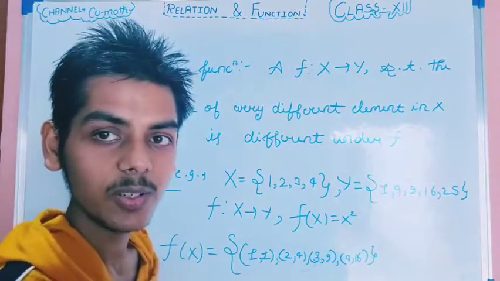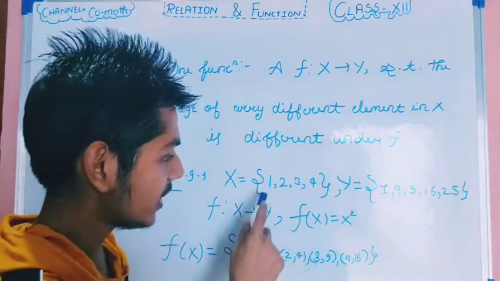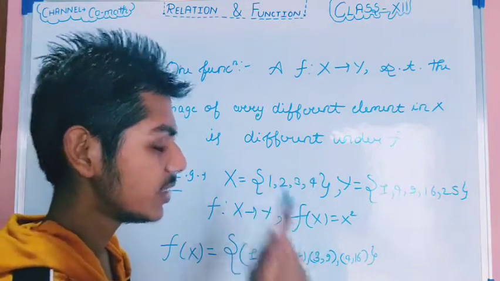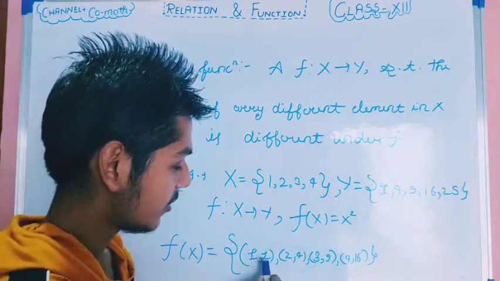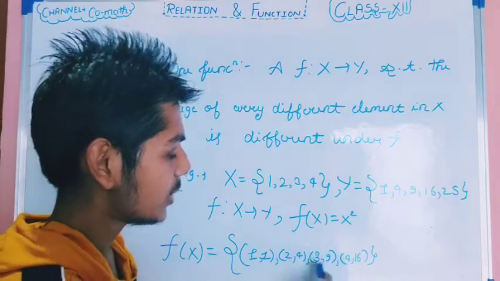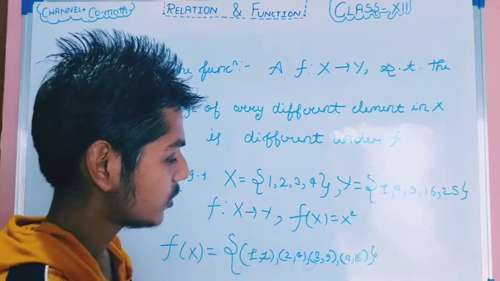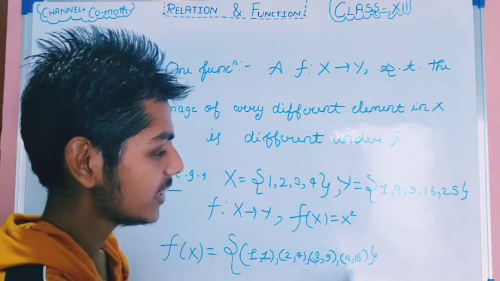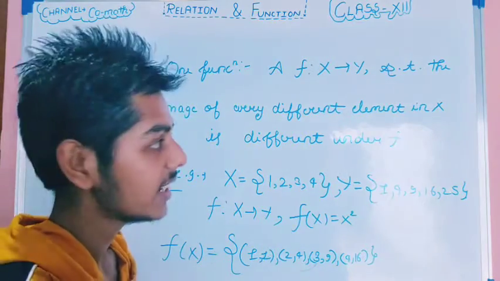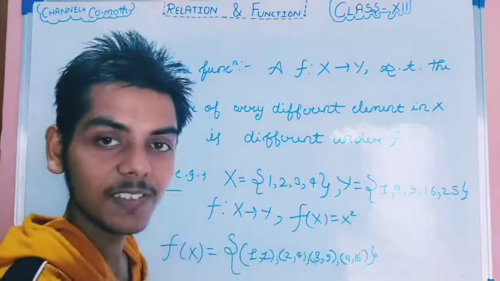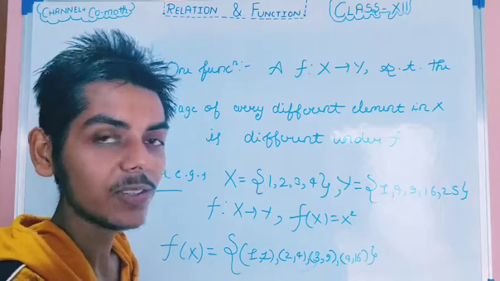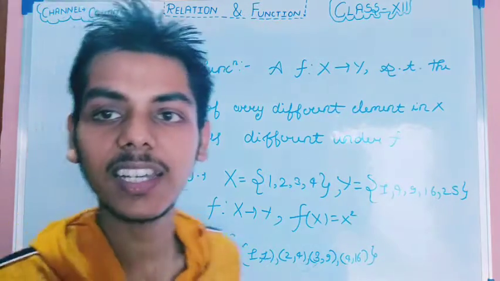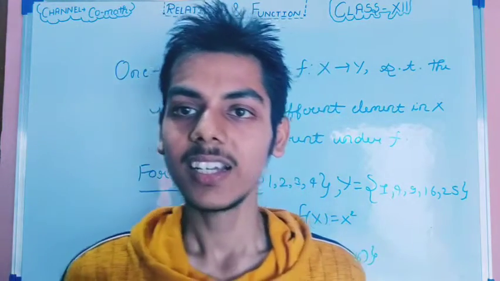So here, as you observe, for each different element 1 2 3 4 we have a different image in set y, that is 1 for 1, 4 for 2, 9 for 3 and 16 for 4. Hence the function f(x) equal to x square from set x to y is one-one.